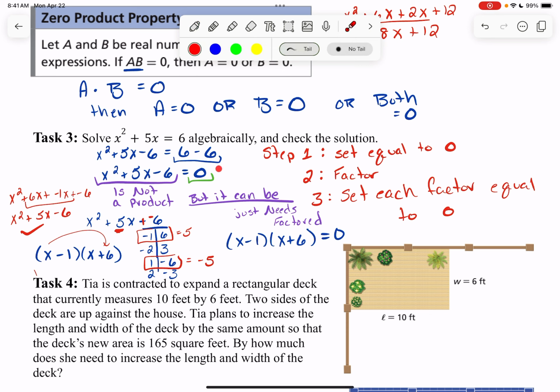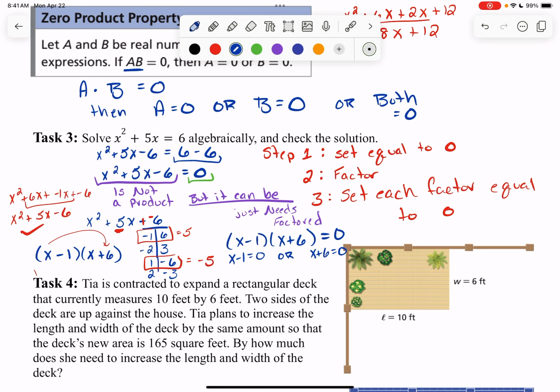We just rewrote the left side into x minus 1 times x plus 6 equals 0. If I'm multiplying two things and getting 0, that tells me one of the two things has to be 0. So we set each factor equal to 0: x minus 1 equals 0, or x plus 6 equals 0.